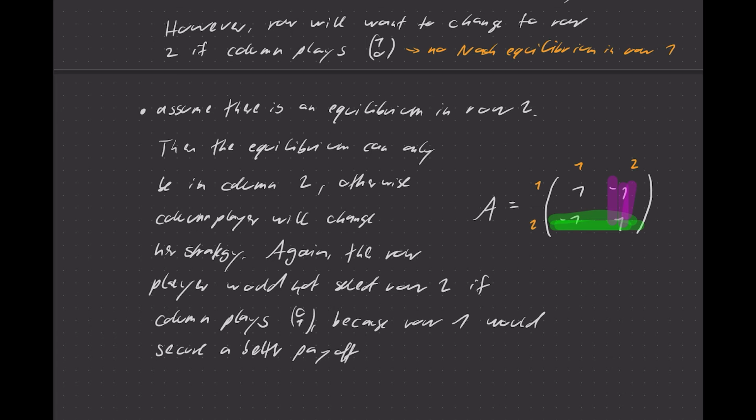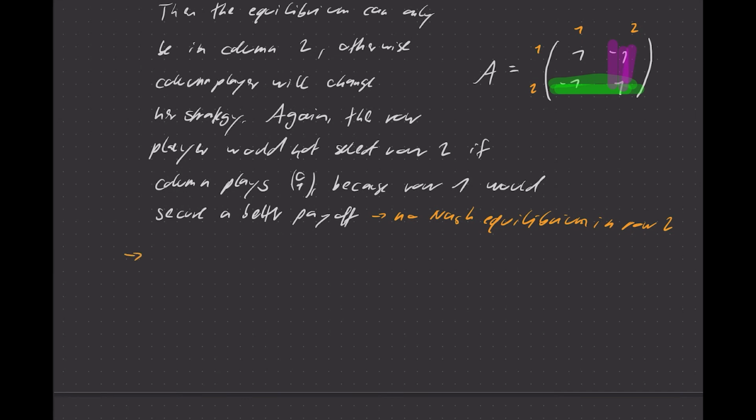So again, no stable point in this row, no Nash equilibrium in row 2. And what that means is, of course, that there is no Nash equilibrium in pure strategies.